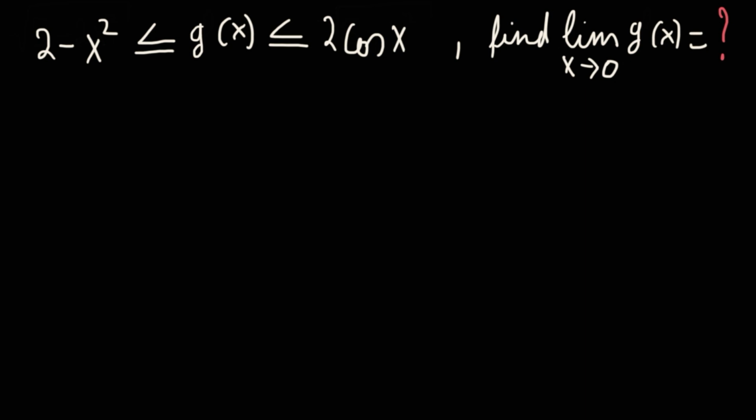So if g of x is between 2 minus x squared and 2 times the cosine of x, we have to find the limit as x approaches 0 of g of x.